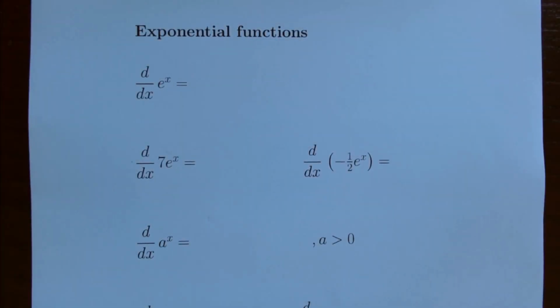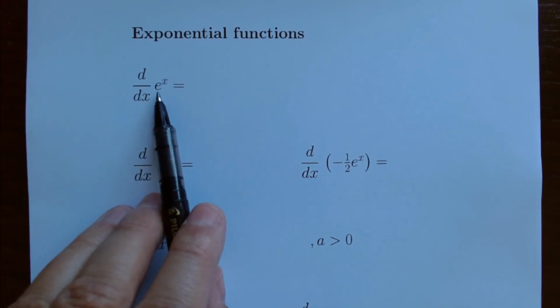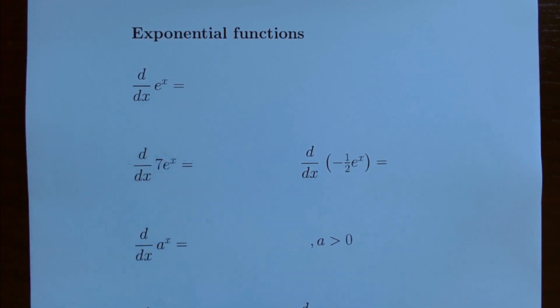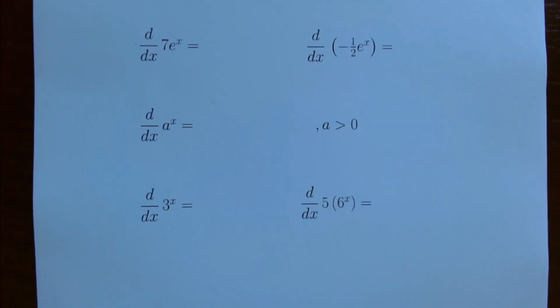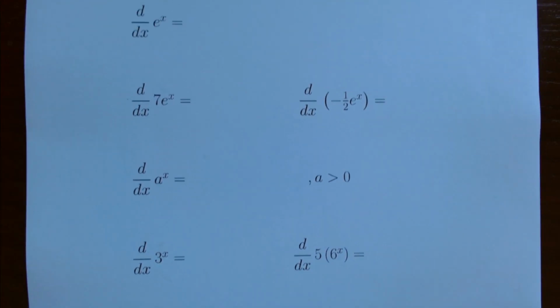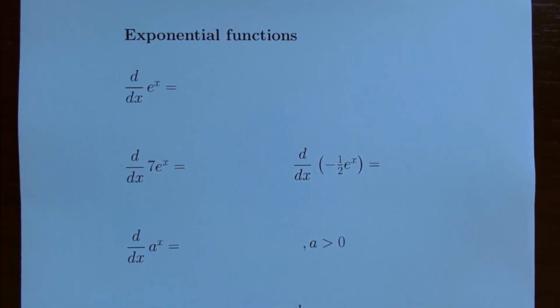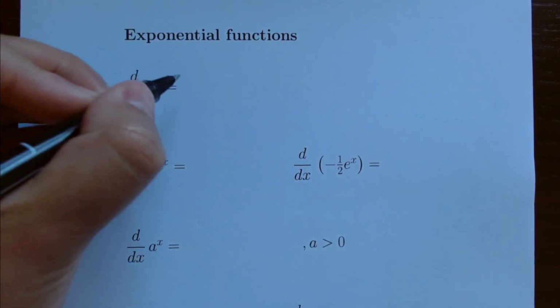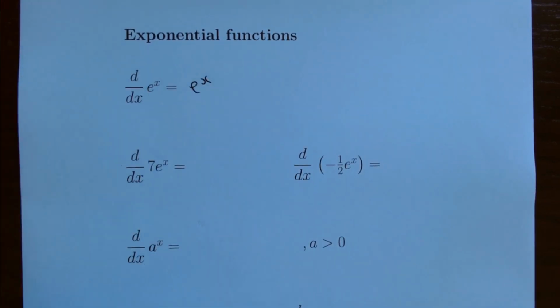Okay, next we're going to differentiate the exponential functions, and there'll be 2 types. You'll have the normal e to the x, and also other exponentials where it's a different number, like a number 3 or a number 6. So we'll begin with the derivative of e to the x, and that's just e to the x.